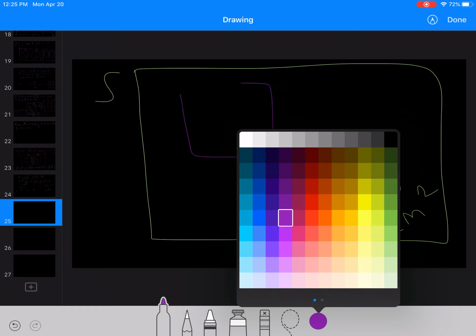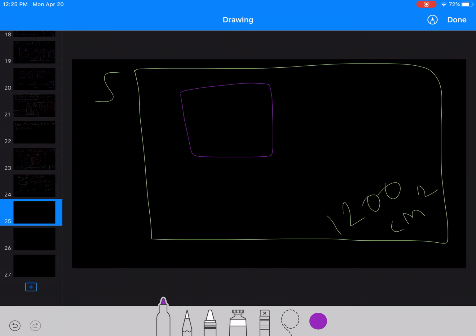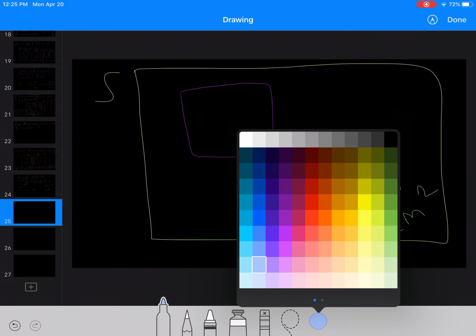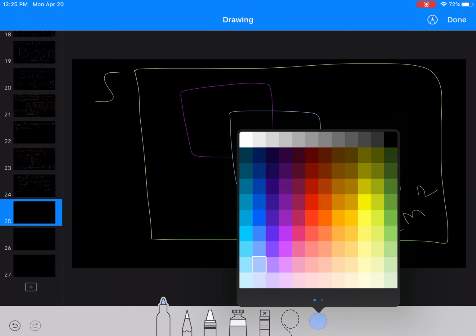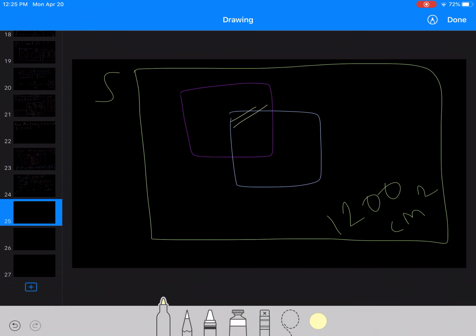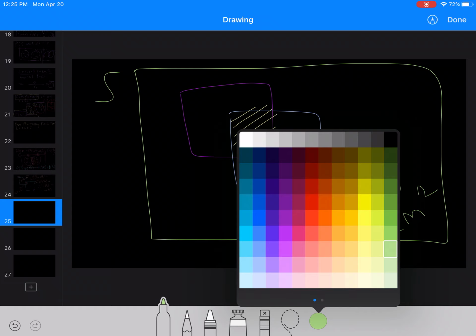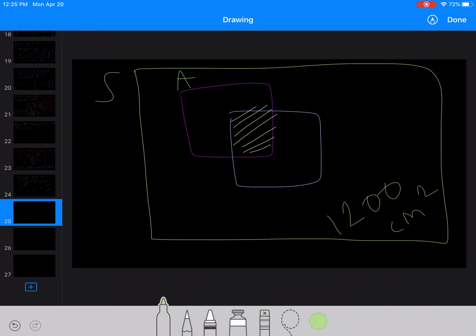I have a set that is a purple rectangle, and I have another set that is a blue rectangle, and yellow is the overlap. So those two sets, let's call that one A and this one B, are non-mutually exclusive. There's an overlap between the two sets.